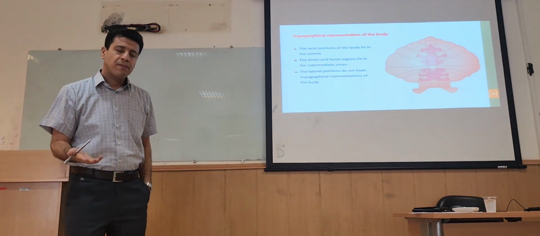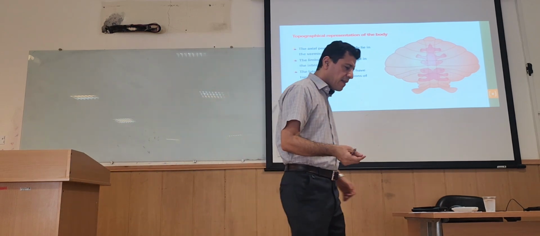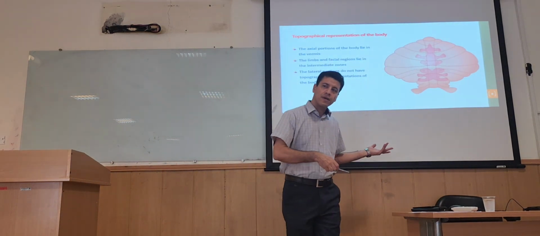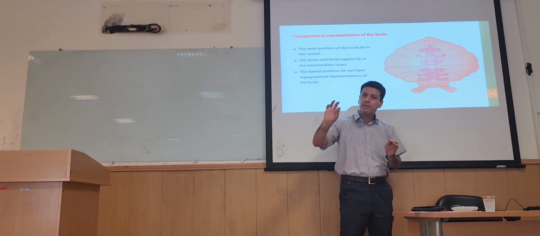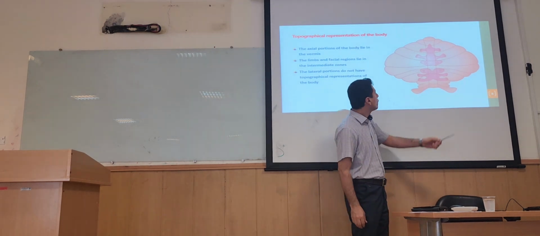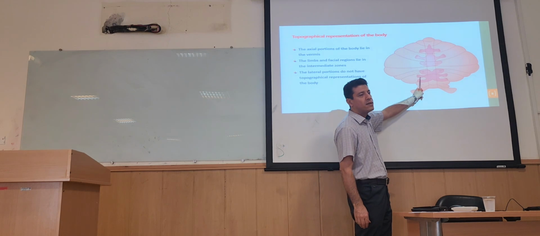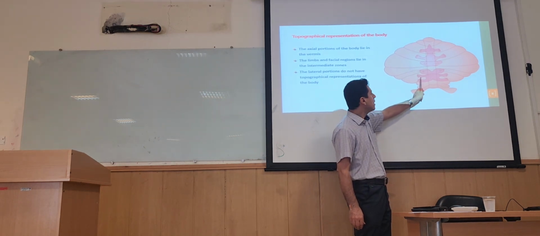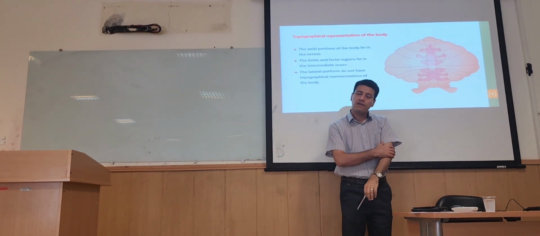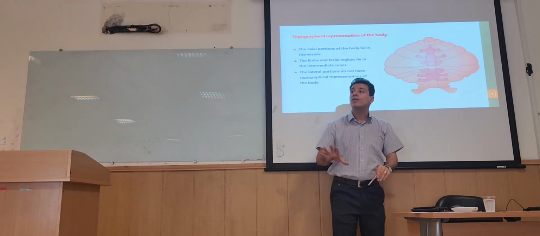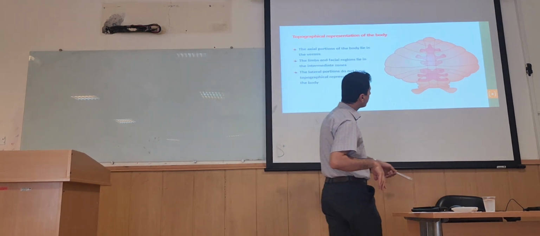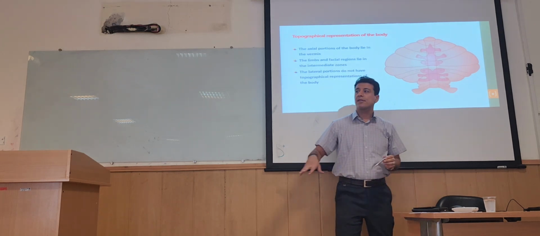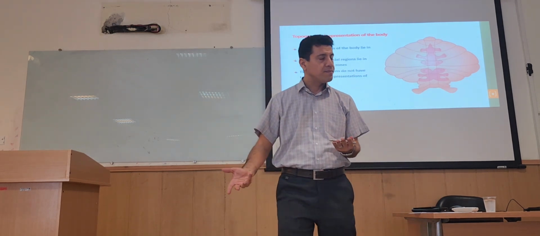So when we have a map, it means that any specific area of this map is associated with a specific part of the body. For example, here we have the left arm. Okay, so it's associated with the left arm of the body. So it receives sensory feedback from the left arm. But this part receives sensory feedback from the right arm.